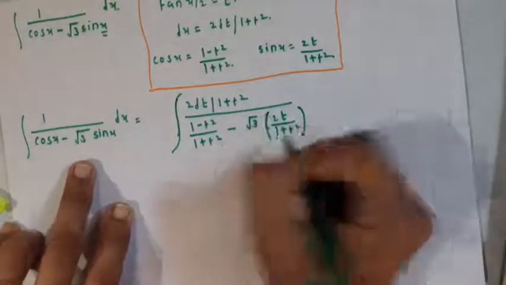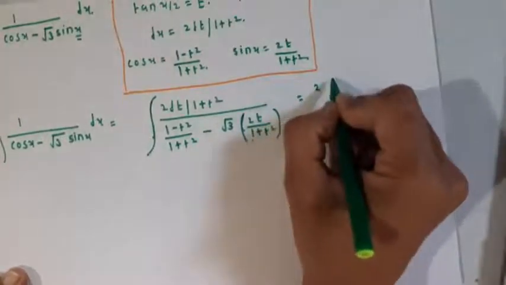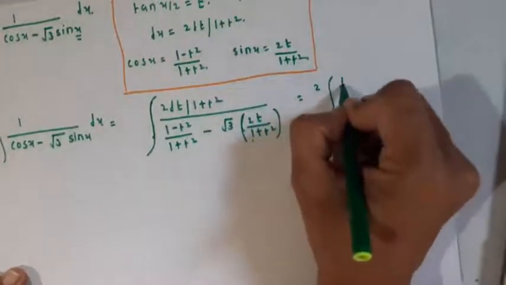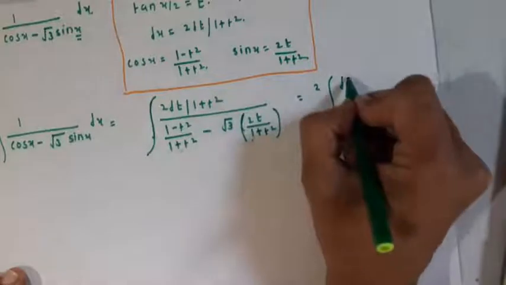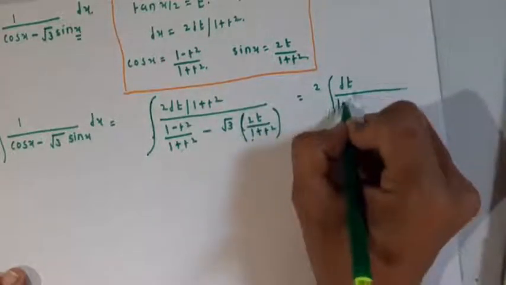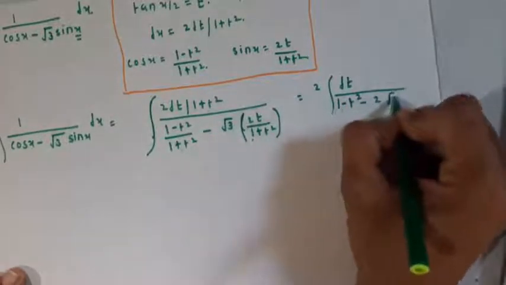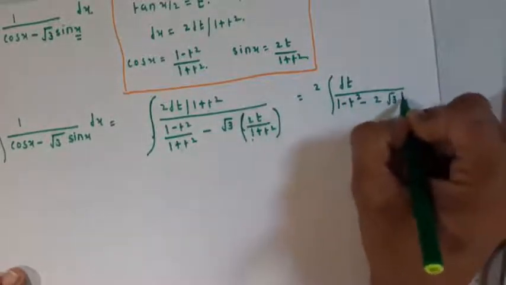Now in this integration, 2 is a constant, dt, and 1 plus t square also gets cancelled, and we will get 1 minus t square minus 2 root 3 t.